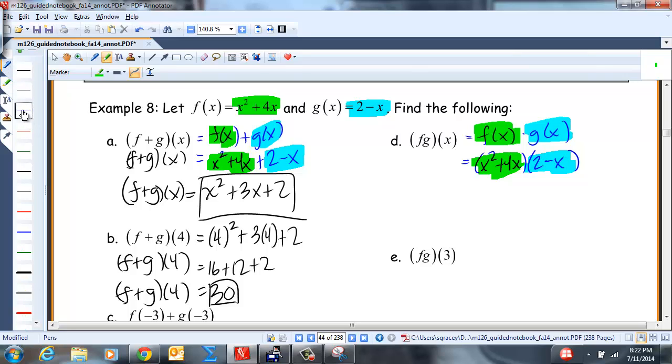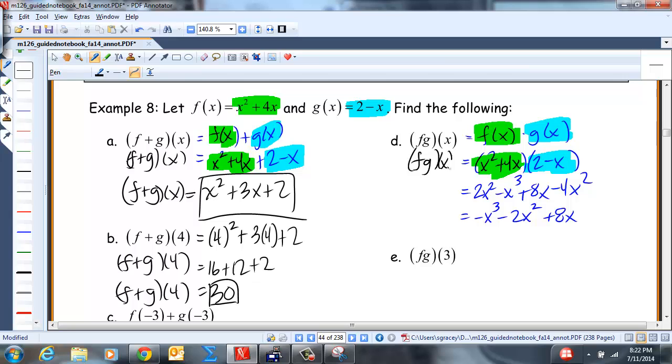So we'll have 2x squared minus x cubed plus 8x minus 4x squared, which is negative x cubed minus 2x squared plus 8x. And this is our fg at x, the product at x is equal to these things.